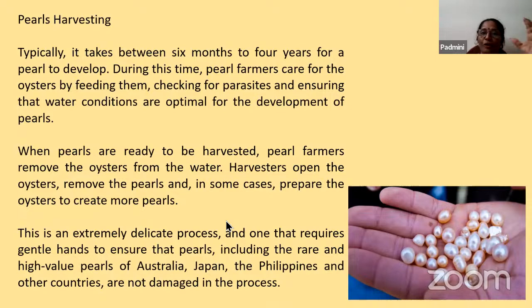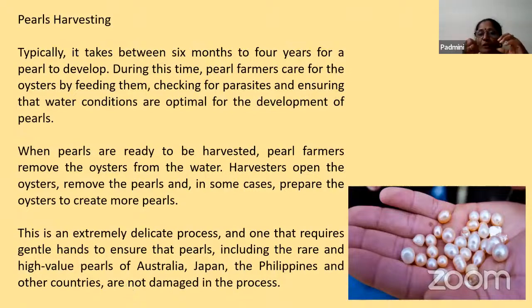And sometimes when you cut open the shell and remove the nuclei that you have prepared, then you cannot reuse those oysters or mussels. This is an extremely delicate process, and one requires gentle handling to ensure the pearls, including the rare and high value pearls of Australia, Japan, Philippines, and other countries, are not damaged in the process.